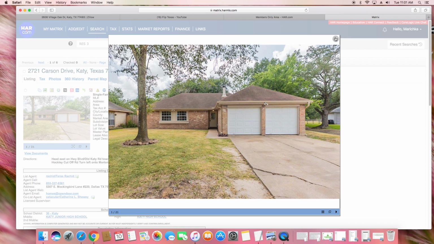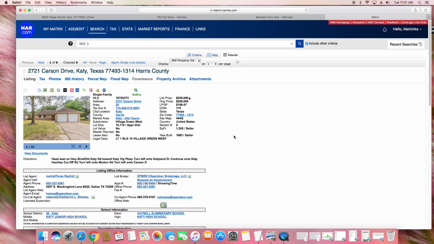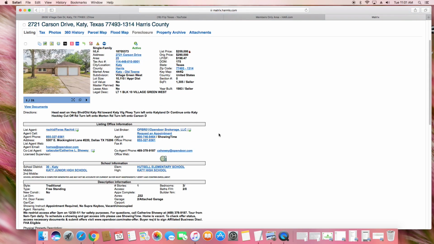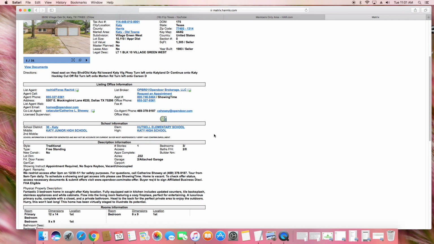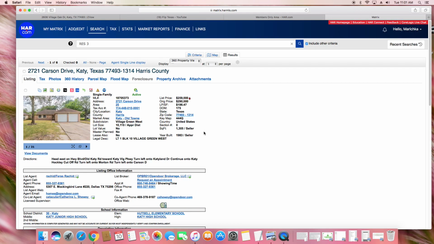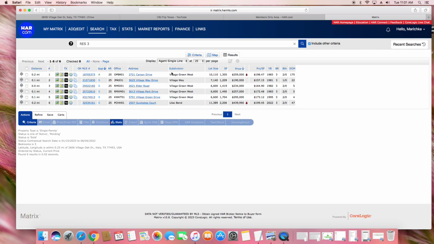It does need a roof, and it looks like there were a couple areas that they didn't go all out on the remodel. And it looks like DOM 175. Oh, wow. So I guess they priced it way too high from the beginning. They priced it at 290. Holy cow. That's kind of weird.